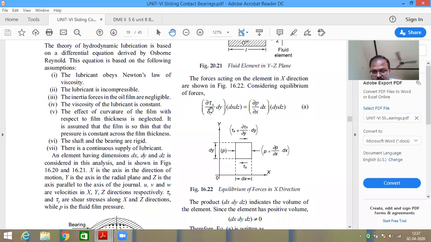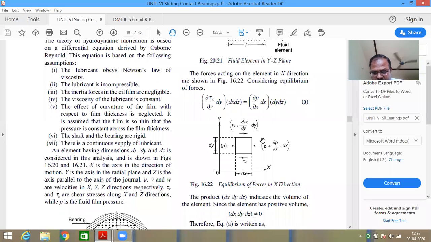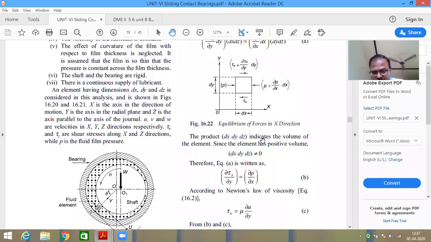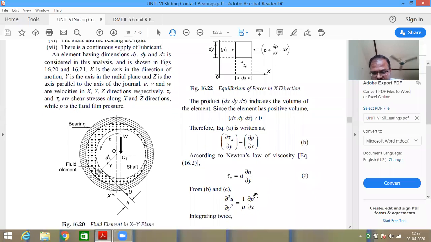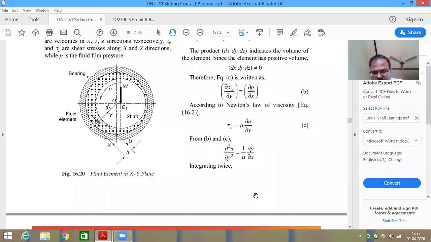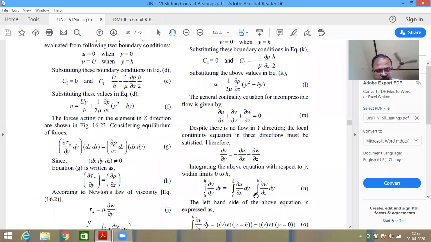So the equation will be ∂τ/∂y equals ∂P/∂x. Again, using Newton's law of viscosity, we can modify this equation by taking the derivative. Applying boundary conditions, you will get the first equation, small u is equal to uy. This will be in the XY plane.